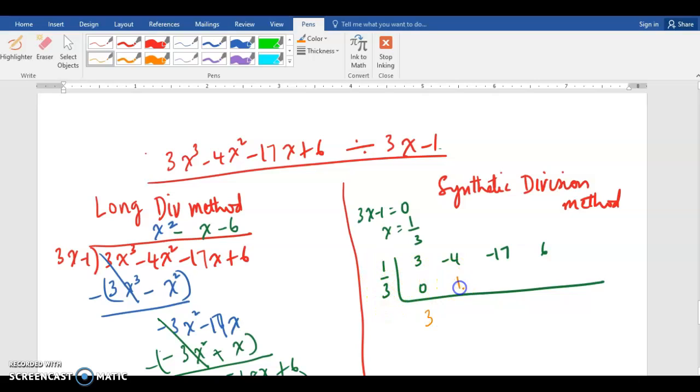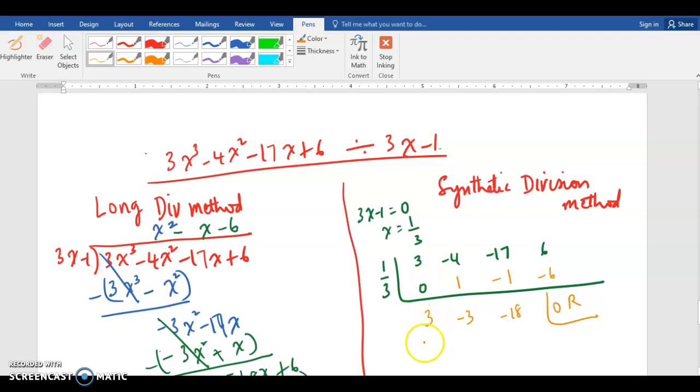So I'm going to put 1 here, right? -4 plus 1 is -3, right? -3 times 1/3 is again a -1, right? So write -1 here. And when you add these, you'll get a -18, isn't it? So -18 times 1/3 is a -6, and hence you'll get the remainder 0.